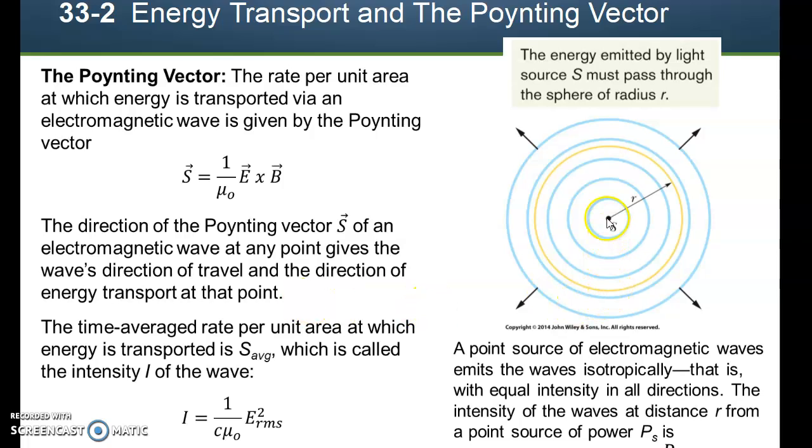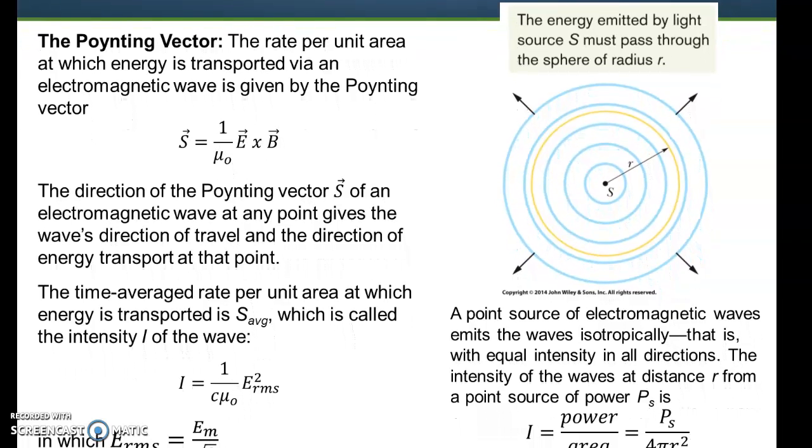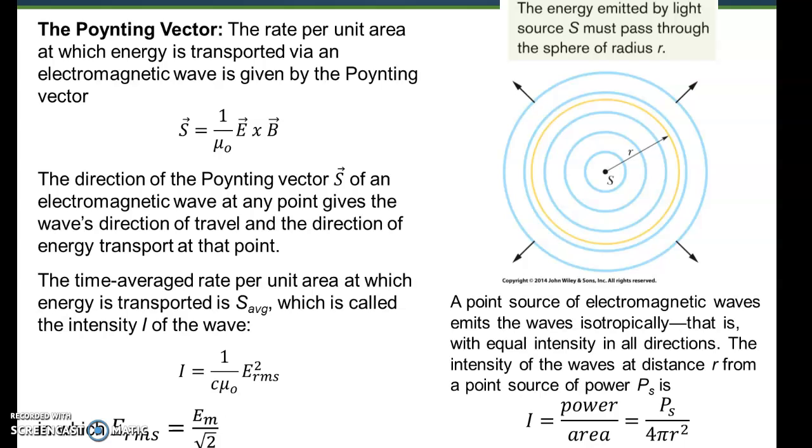So this is your S value here, out in this direction, and the energy emitted by the light source S. Here S is the source. This is not the same as this vector right here. This S only stands for source. Again, I don't know why they want to confuse you that way, but they do. Let's move this down just a little bit so we can get the rest of this in here.